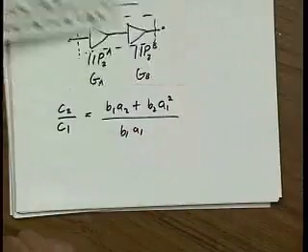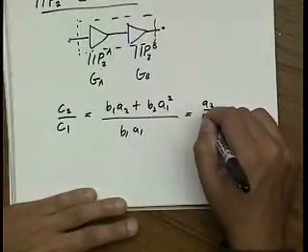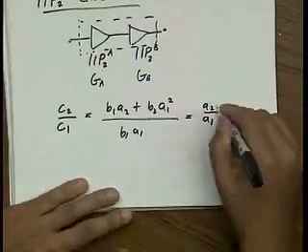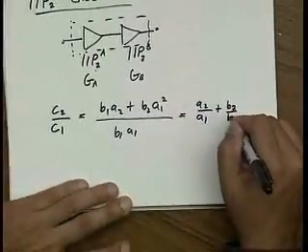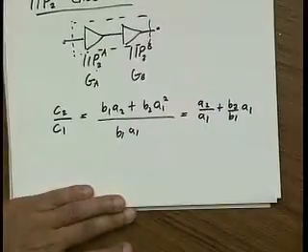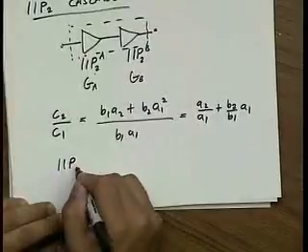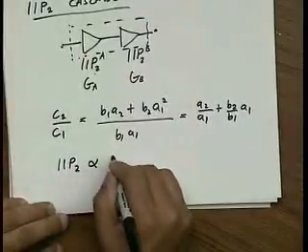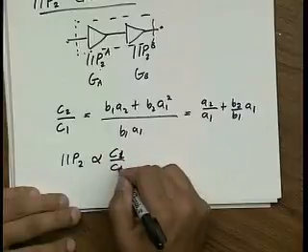Okay? I can just write this as A2 over A1 plus B2 over B1 times A1. Okay? And remember that the input IP2 power is proportional to C2 over C1. Right? Actually, sorry, it's proportional to C1 over C2.